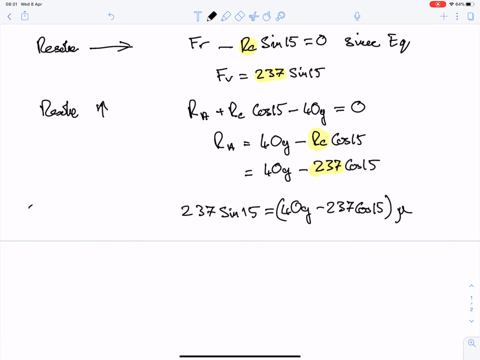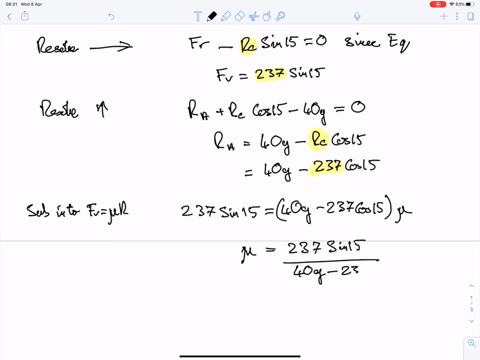So that's substituting into friction equals mu R. So mu then is equal to 237 sine of 15 over 40G minus 237 cos of 15.